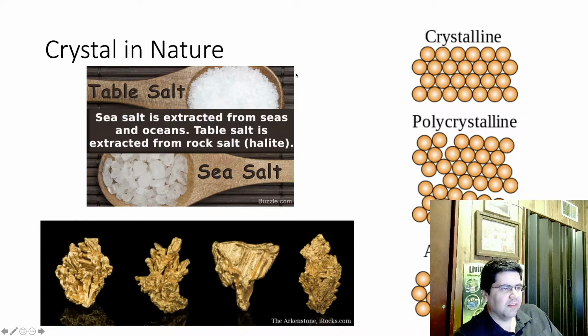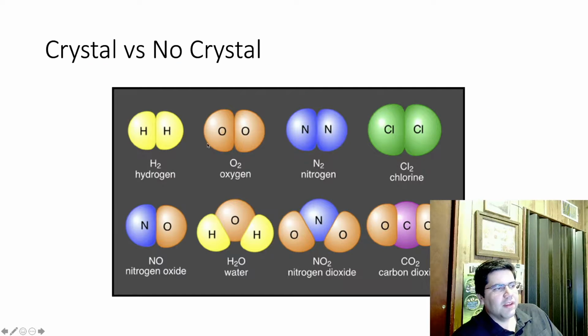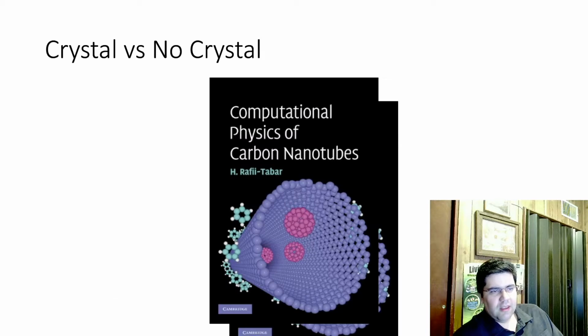Now if we go into the next image, because some people have misconceptions of what a crystal is: molecules are not crystals. They don't have all the translation and rotation symmetries of a crystal, so they are not defined as that. Nanotubes and nanoparticles are not crystals either. They are quasi-crystals, and I don't remember the year, but I think one of the Nobel Prizes in chemistry gave a really nice introduction to quasi-crystals.